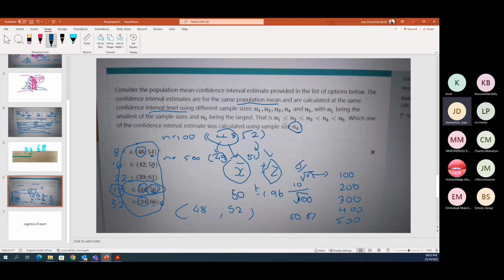So if I ask us N5, it would have been the one with the smallest gap. N4, second smallest. N3, third smallest. N2, the fourth smallest, and N1, the fifth smallest or the biggest.